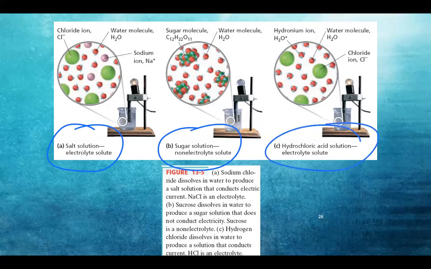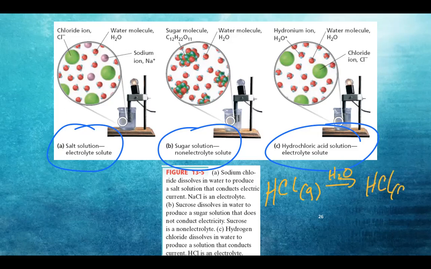And we have hydrochloric acid, which is the same example that I gave you before, hydrogen chloride gas, which dissolves in water, and you get HCl aqueous. And aqueous basically means it's dissolved ions. So it would be better represented with hydrogen ion and chloride ion.